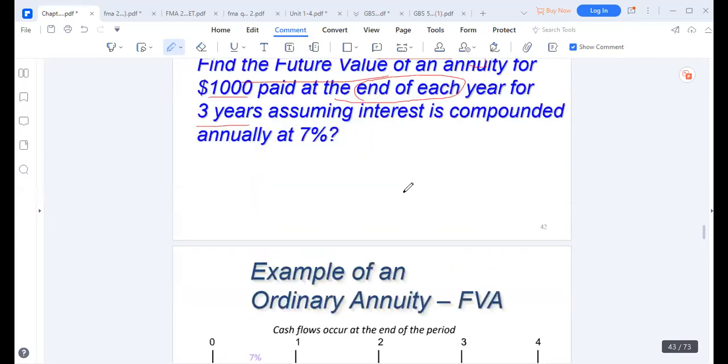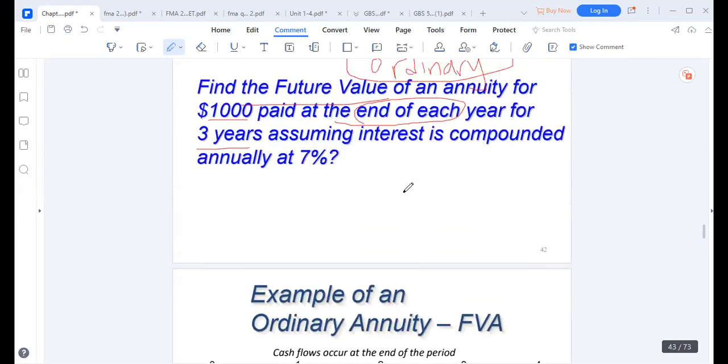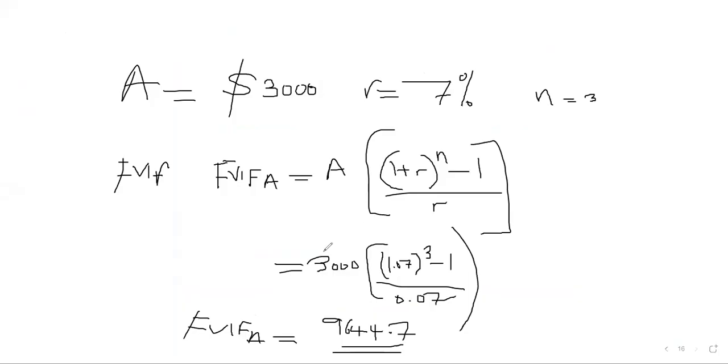So this is at the end of each year for 3 years. How much was the amount? 3,000 was not it. The amount was 1,000, not 3,000. So the future value interest factor of the annuity is 1.07 to the power 3 minus 1, divided by 0.07, times 1,000.